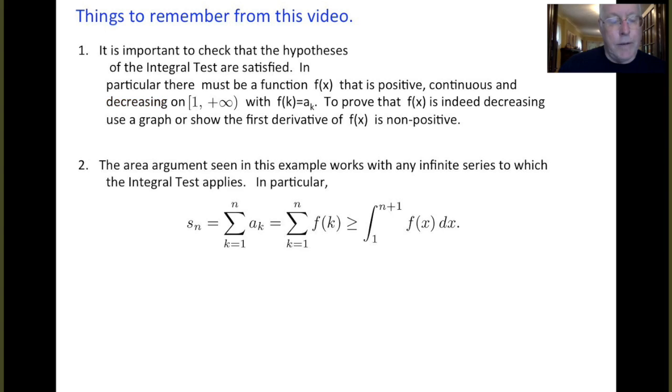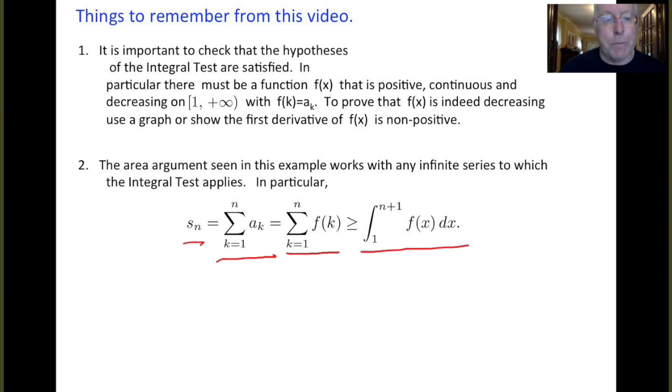And secondly, our analysis after the example was very important, our picture with rectangles. That analysis showed us that the nth partial sum, S sub n, or summation k equals 1 to n a sub k, or summation k equals 1 to n f of k, is bigger than the partial integral, 1 to n plus 1 of f of x dx.